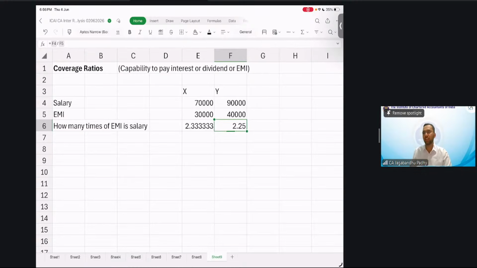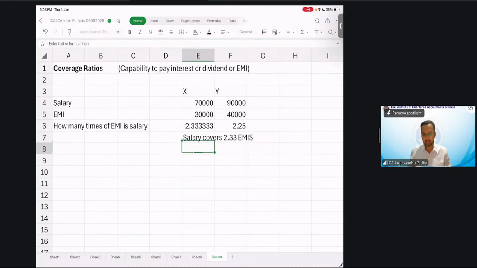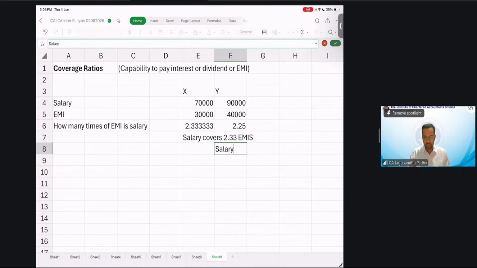So marginally, slightly, we can say X is more capable, right? Or this is said to be like, for X, we can say salary covers 2.33 EMIs. Whereas for Y, the salary covers 2.25 EMIs.